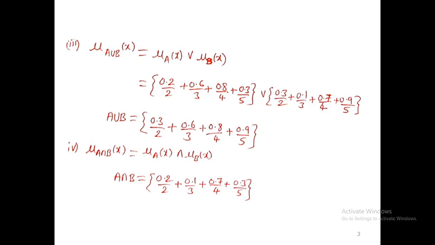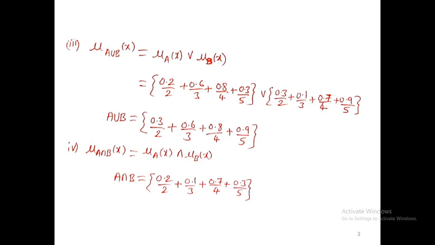If you were adding normal numerators and denominators, you would need to add the denominators also. But this is a fuzzy operation, that's why the denominators, the points, stay as they are, and we do the operation only with the numerators. So A union B means mu A of x or mu B of x.